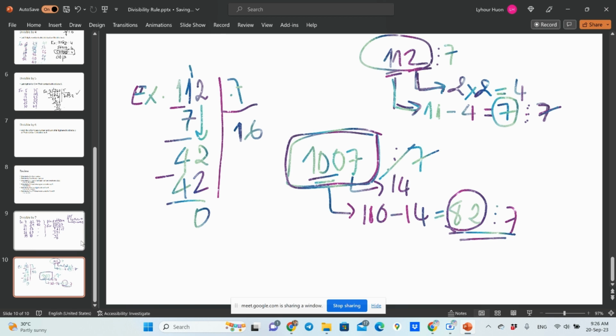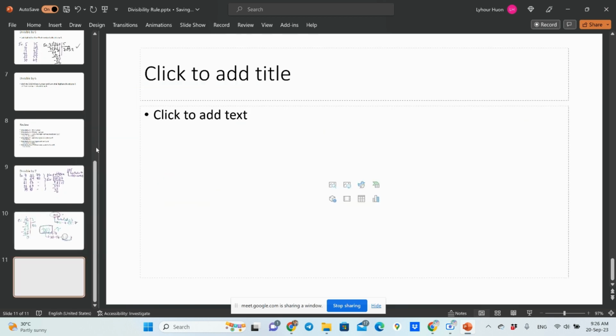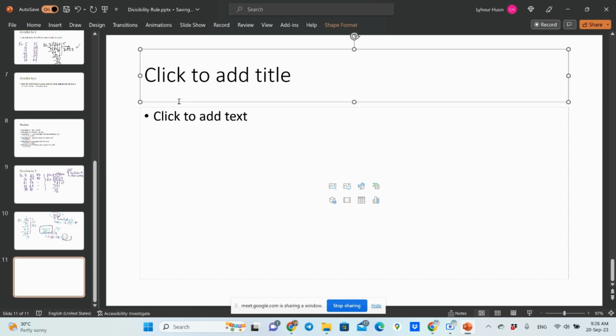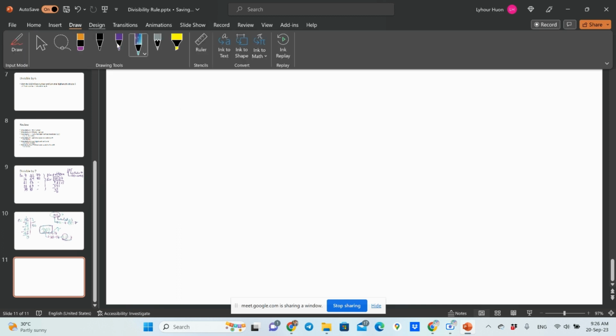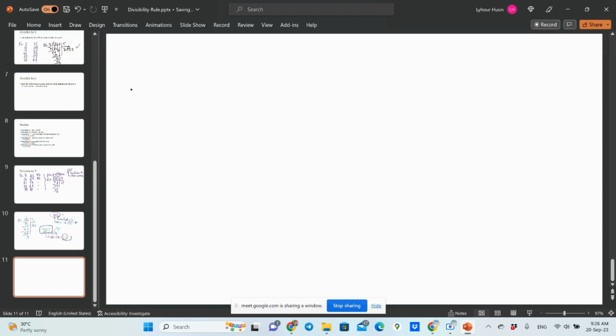Now, can you give an example so that we can check whether the rule is really the rule? Example: 214. To check, first we double the last digit, 4 times 2 is 8.